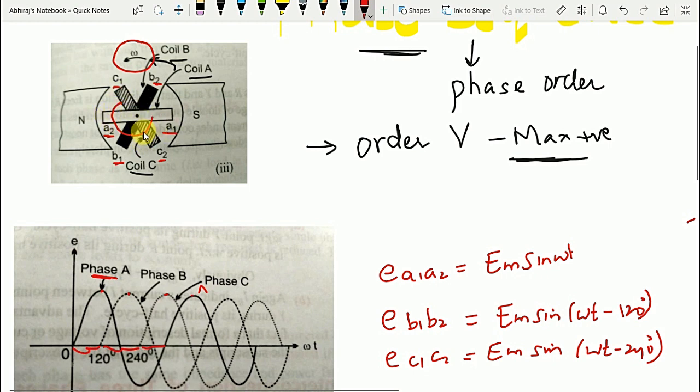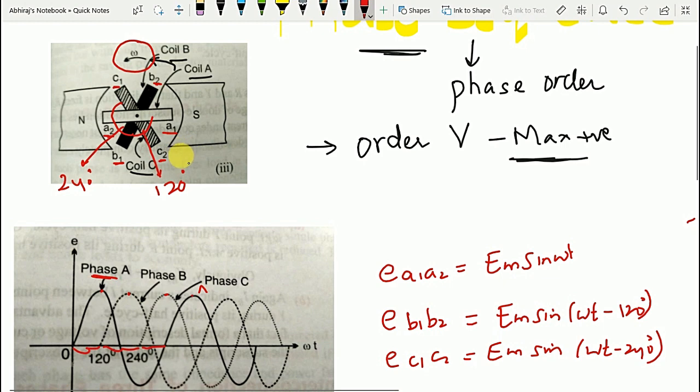So the electrical angle between coil A and coil B is 120 degrees, and between coil C and coil A is 240 degrees. There is a spatial distribution of the windings between the two poles north and south.